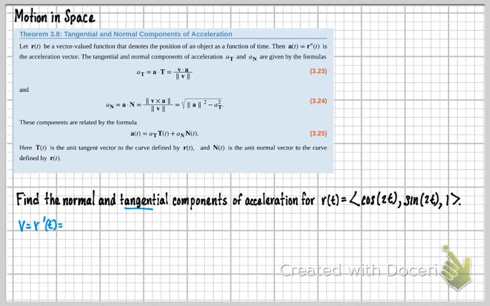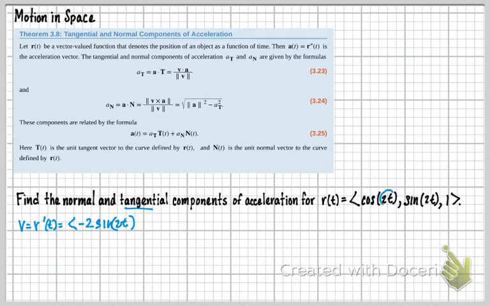And then when I look at my function here, it says r(t) equals 2 cos 2t, 2 sin 2t, 1. So when I find the derivative of this, this is going to be negative 2 sine 2t for the first one. Now keep in mind here that when I do the derivative of cosine, it's negative sine.